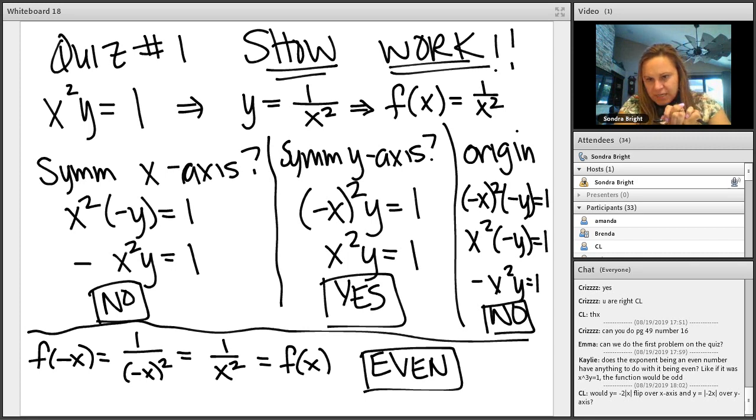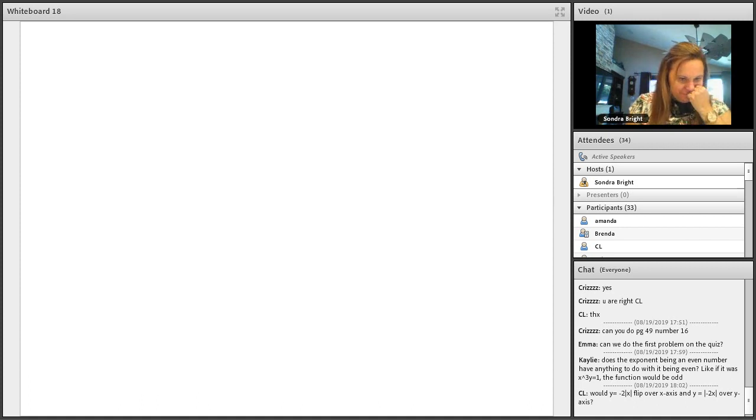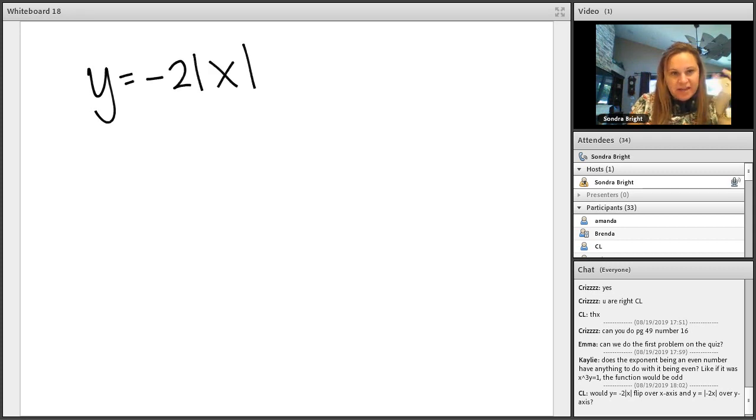Would y equals negative absolute value of x flip over the x-axis? Yes, it's a flip over the x-axis, right? It's going to be an upside down v, and it's going to be skinnier, right?